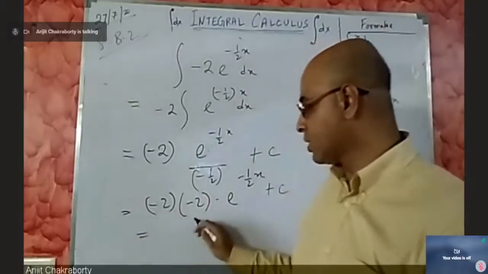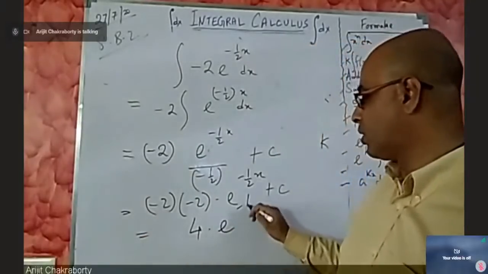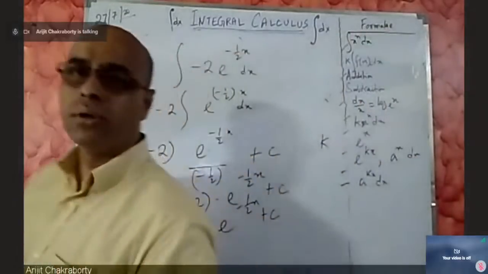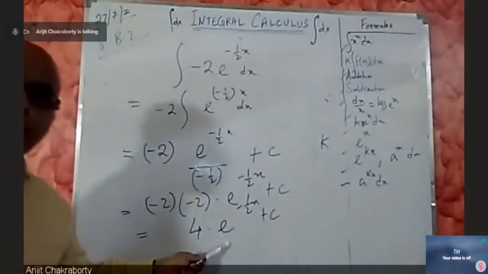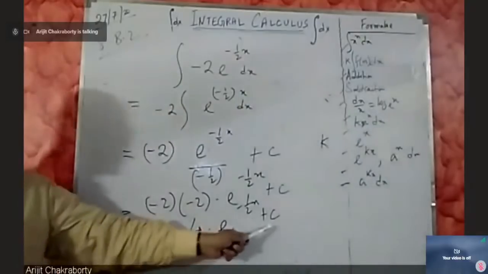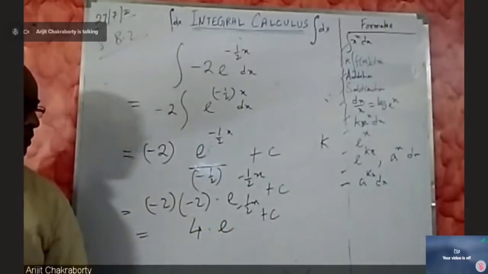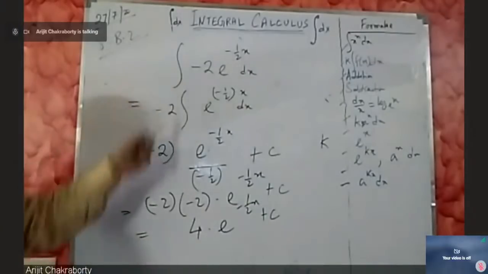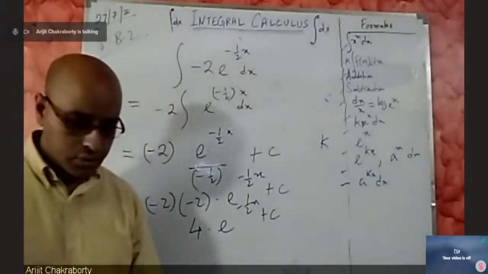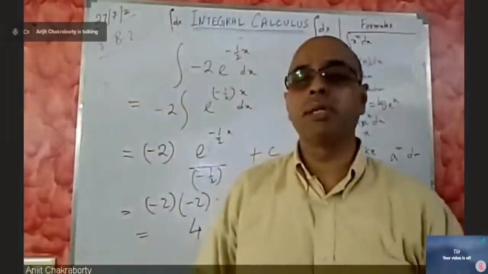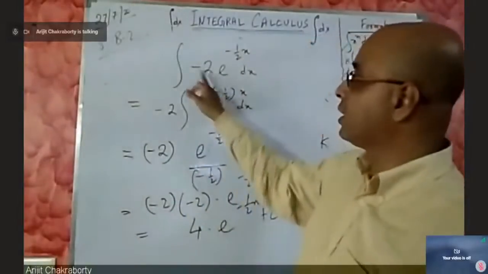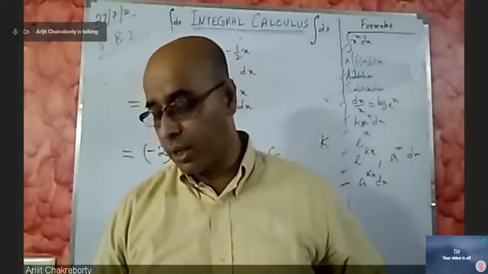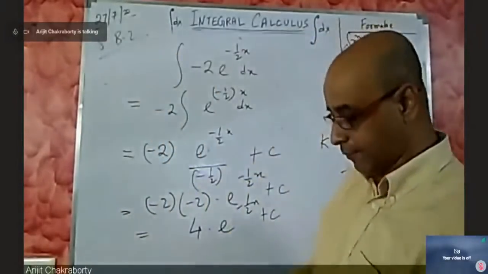So you get the final answer 4 into e to the power minus half x plus c. Okay, so this is how we have simplified this. We have first used the constant multiplier rule to bring out minus 2 outside, then e to the power kx, and then we have just gone into the solution directly.